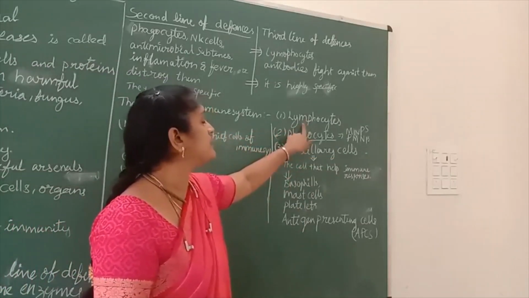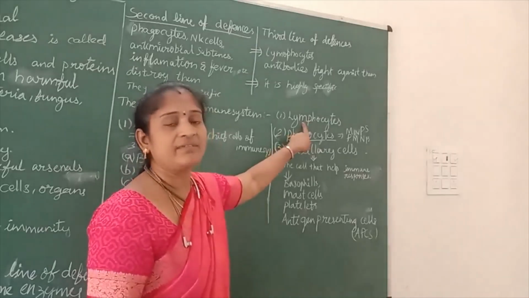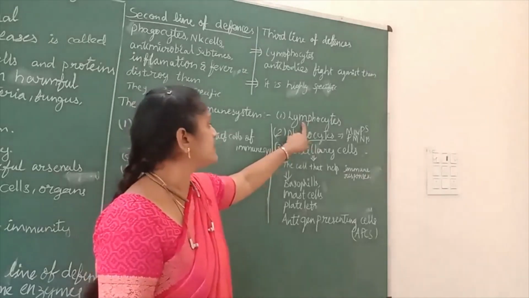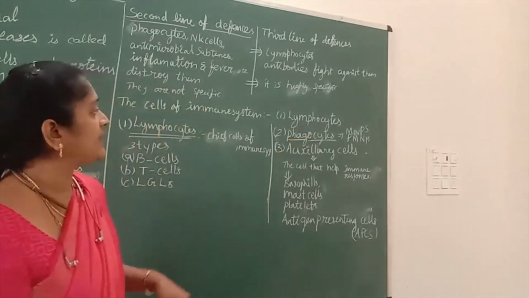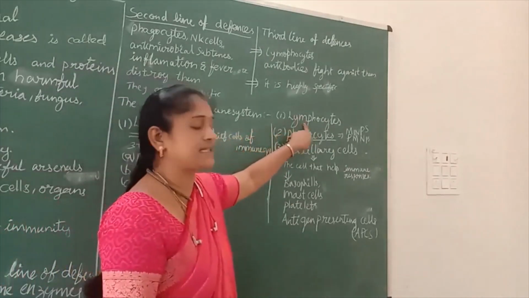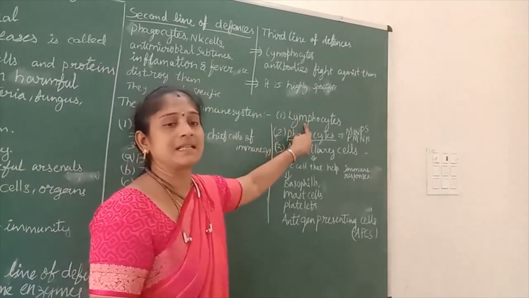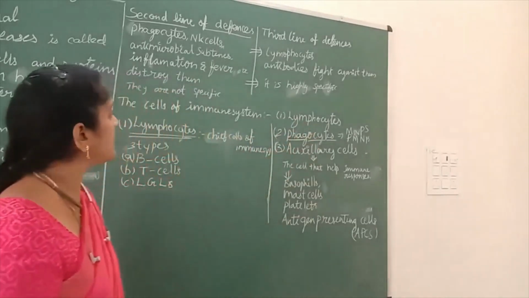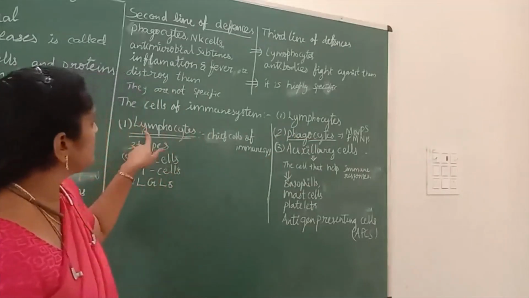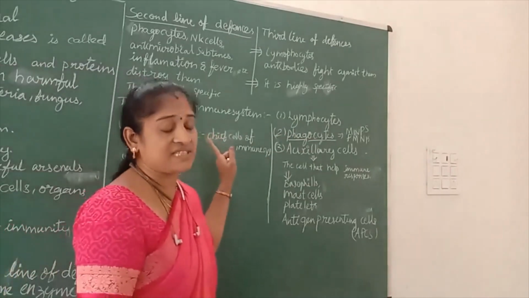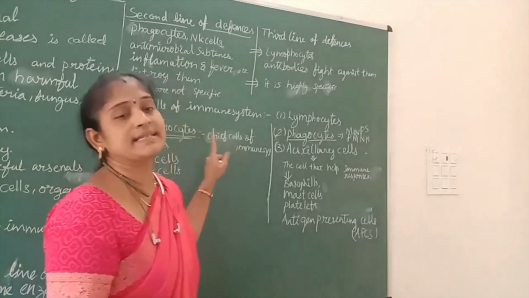They are very important cells in our body which fight against the microbes. These lymphocytes are divided into three types. They are known as the chief cells of the immune system.